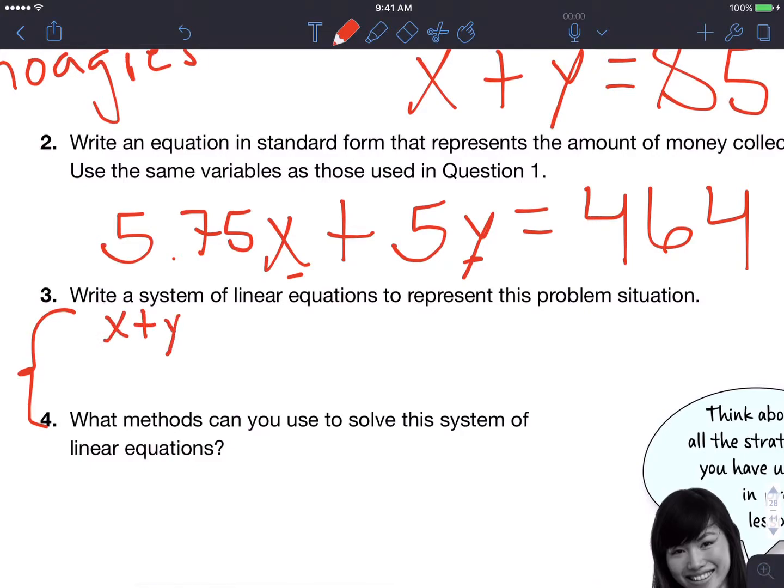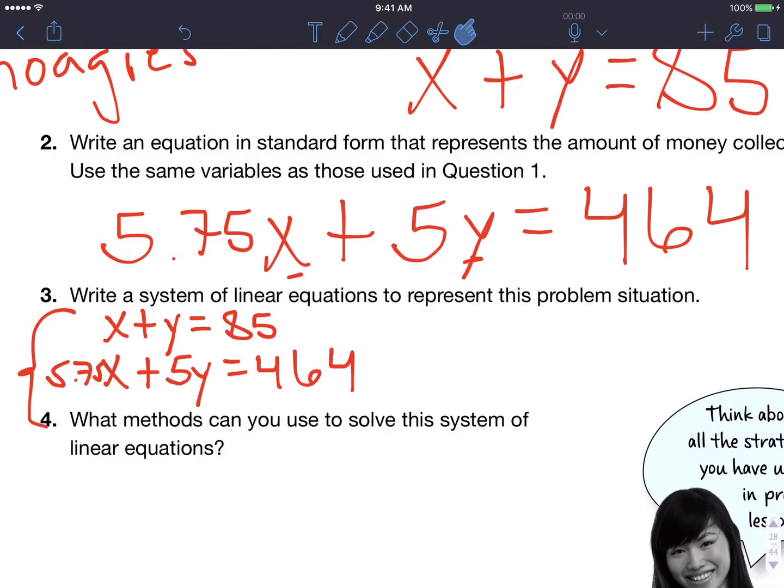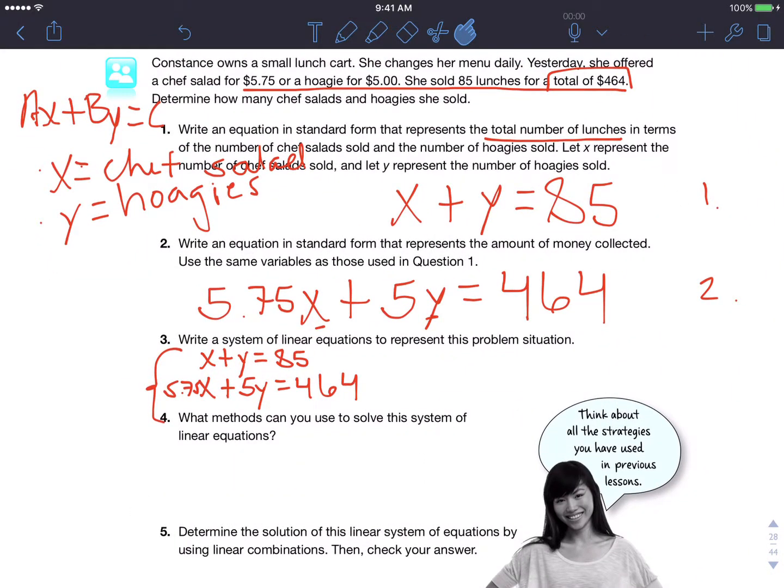X plus Y equals 85, and 5.75X plus 5Y equals 464. Okay? So there's your system of equations. And again, a system of equations is just two equations that are related to each other. So in this scenario, we have our first equation for number 1 and our second equation for number 2. Okay?